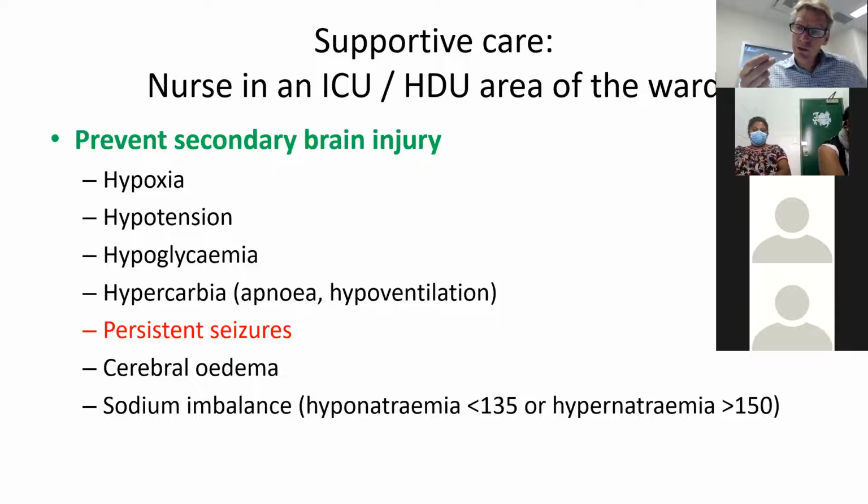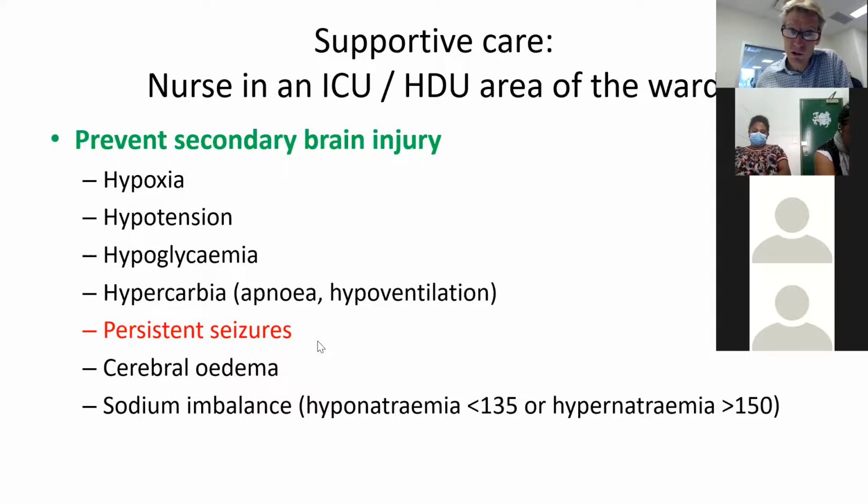If they've just got epilepsy, that's different. But if they've got encephalitis or meningitis or cerebral malaria, and they've got persistent seizures, then we really need to stop those seizures. So persistent seizures by themselves can cause secondary brain injury and make the child worse.